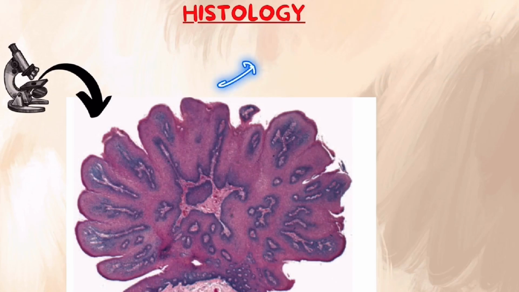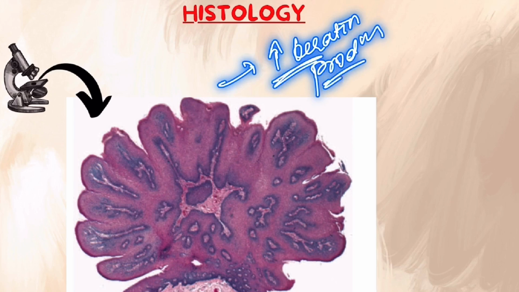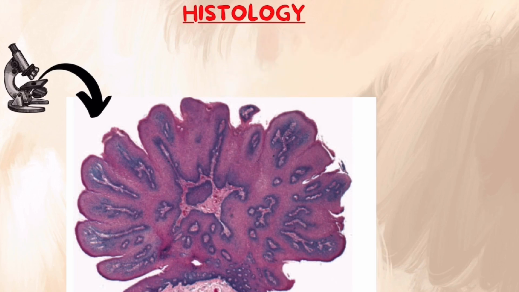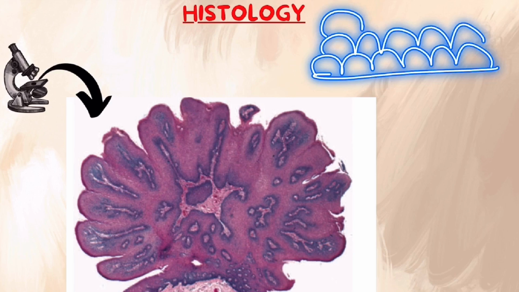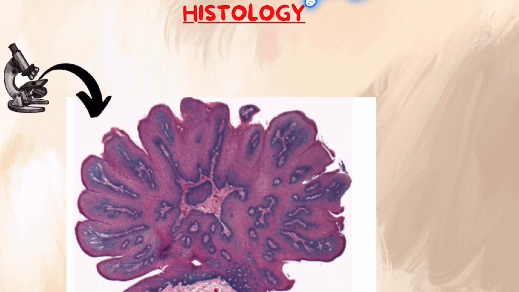And apart from this, there is an increase in keratin production by the epithelial cells. As there is an increase in keratin production, there is a whitish color when you look at the lesion clinically. And the epithelial maturation is normal. Epithelial maturation means the basal cell, after division, goes into the superficial layers and later sheds off.